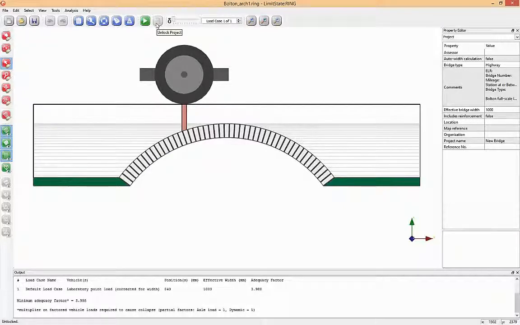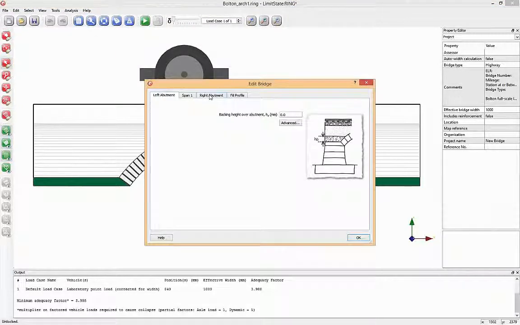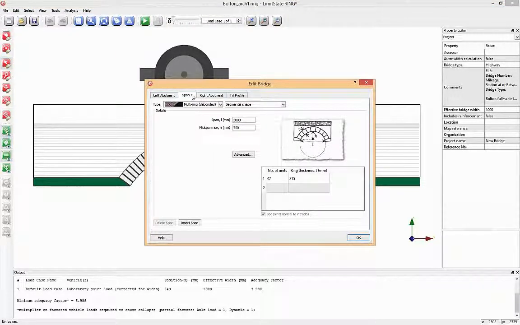What I'm going to do now is change the geometry of this bridge so that instead of modelling the arch barrel as a single ring, I'm going to model it as 2 separate rings.